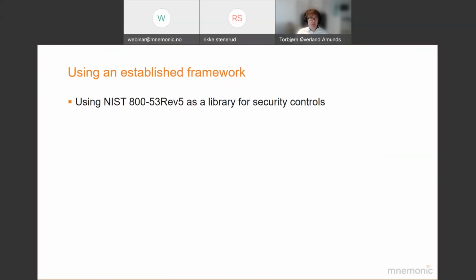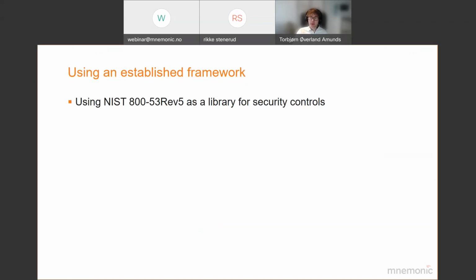The scope of work will simply be overwhelming. In a way, it also doesn't make sense. Security is a global concern. I would say that at least for the public and private sector, there is no one who has a unique need. So pooling our resources into establishing frameworks is what makes sense.